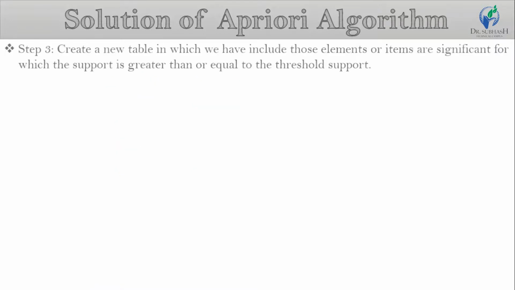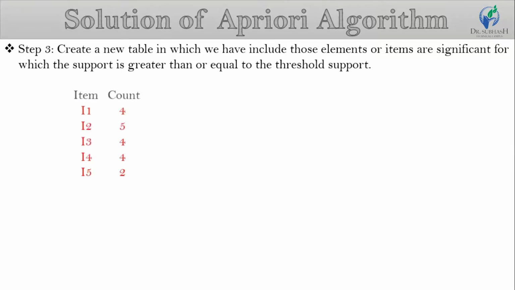Now we apply step 3. It says to create a new table in which we include those items that are significant, for which the support is greater than or equal to the threshold support. So based on the main transaction table, we have individual items and their counts: I1 count is 4, I2 count is 5, I3 count is 4, I4 count is 4, I5 count is 2.